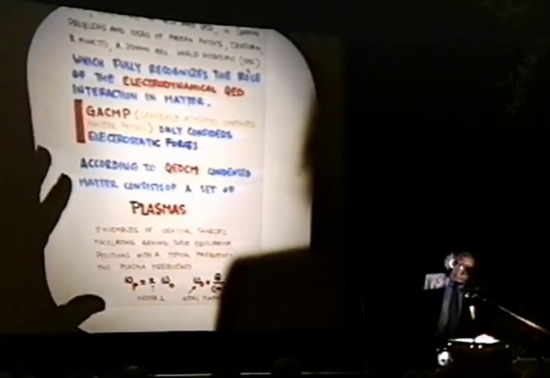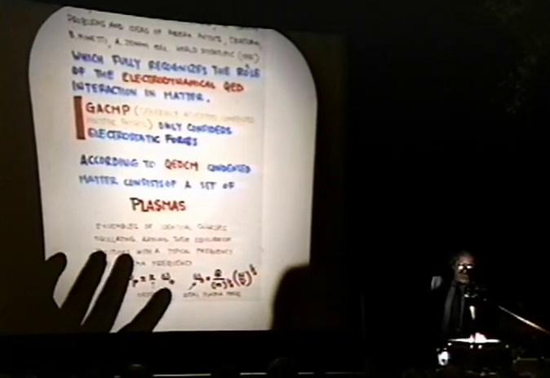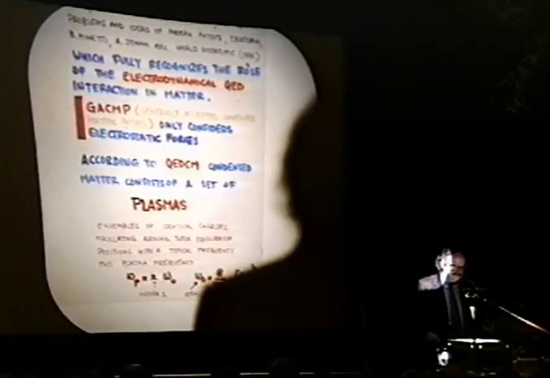And the plasmas, let me remind you what a plasma is: ensembles of identical charges oscillating around the equilibrium position with a typical frequency, the plasma frequency, which is of the order of the ideal plasma frequency, related to the charge of the system, in inverse proportion to the root of the mass of the system, and in direct proportion to the root of the density.